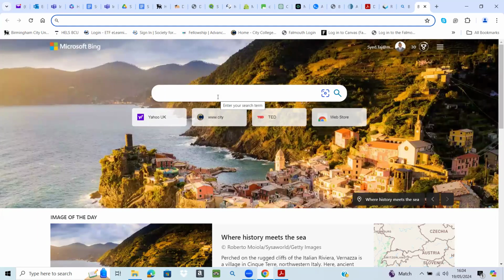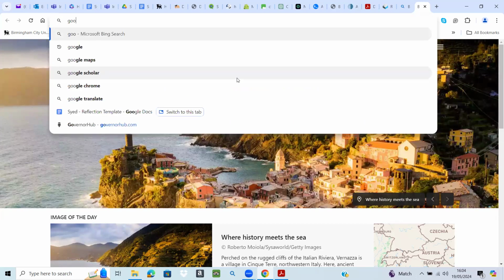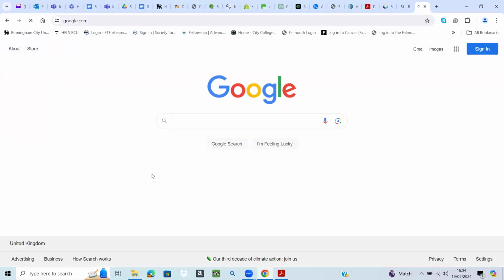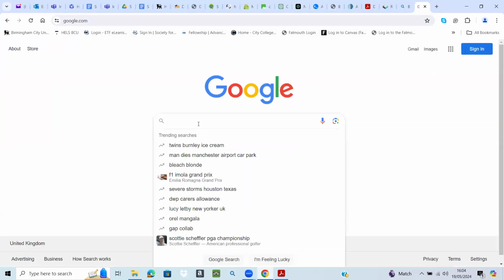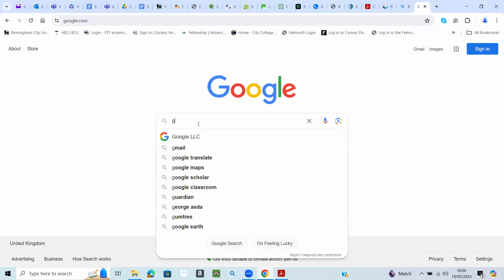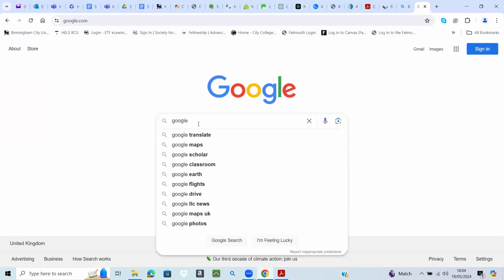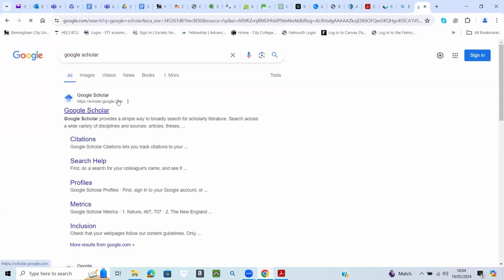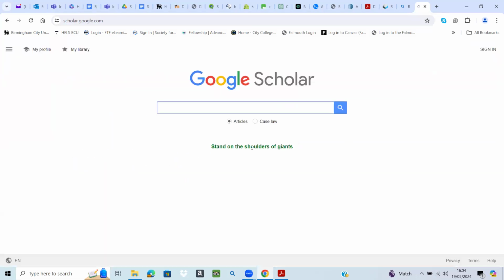We can look from the internet as well. For example, we can search it in Google Scholar. If we search it in Google Scholar, make sure that it is selected as articles.